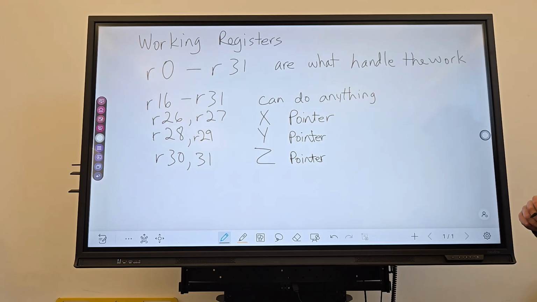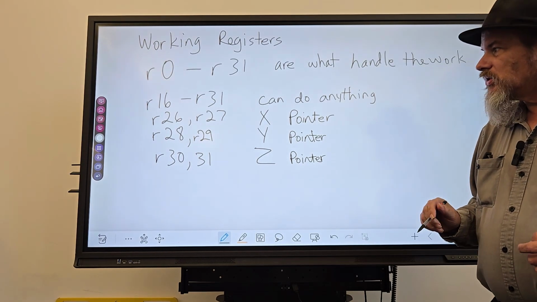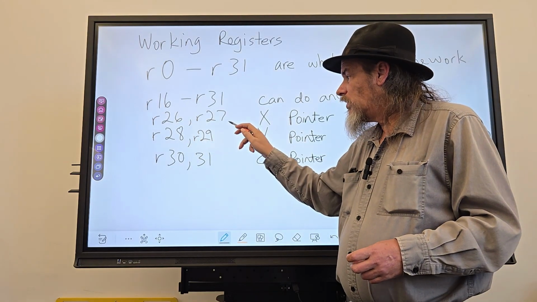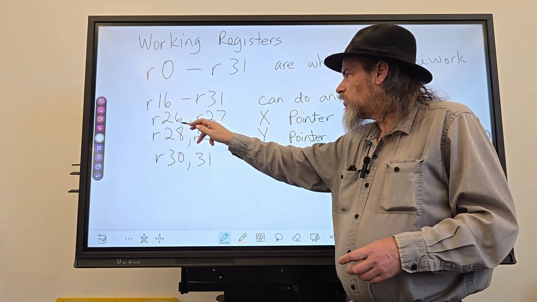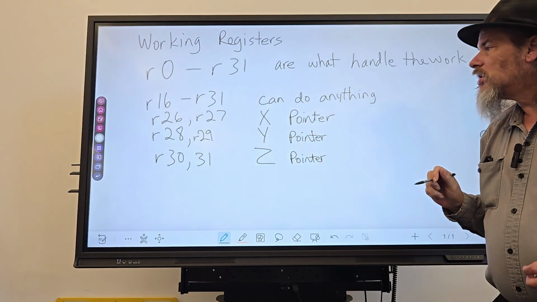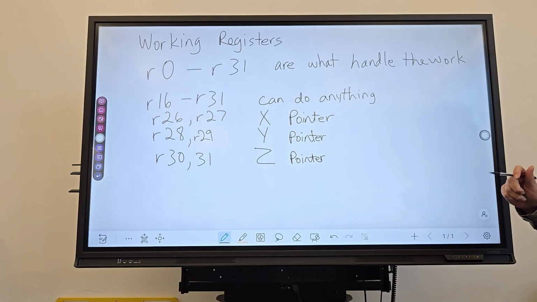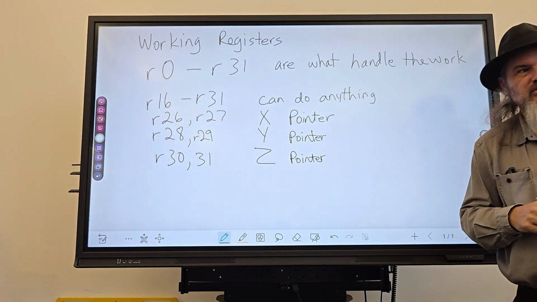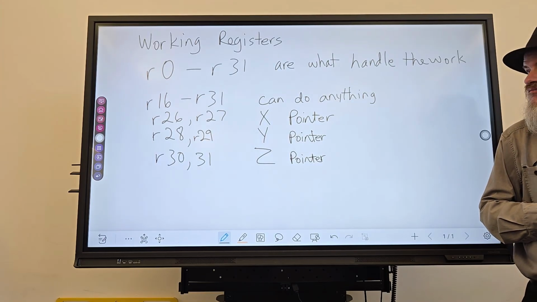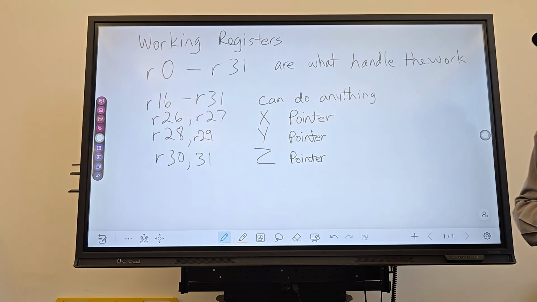So you would load or calculate an address to put into the pointer registers, and then use a load or store operation that accesses those pointers. We'll get into load and store operations a little bit later.